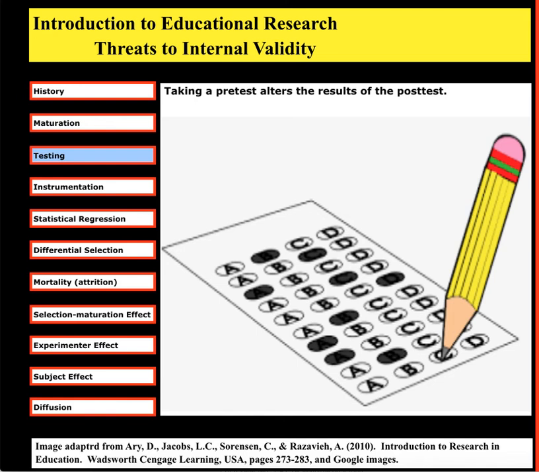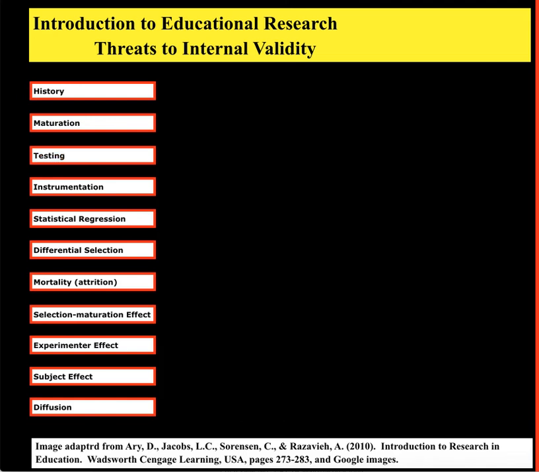But if it were a short period of time between pretest and post-test, then it may become a real threat. So you want to use either equivalent forms, two forms of the test that are similar, and you'll see that a lot, or there needs to be a large time interval. So that is the testing threat to internal validity.